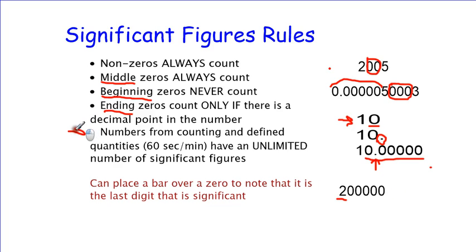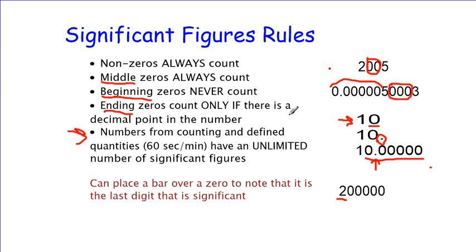This last rule is really going to come into play when we start doing calculations. And it says numbers from counting and defined quantities, for example, there are 60 seconds in a minute, have unlimited number of significant figures. If I count the number of people in a room, I can't have a fraction of a person.